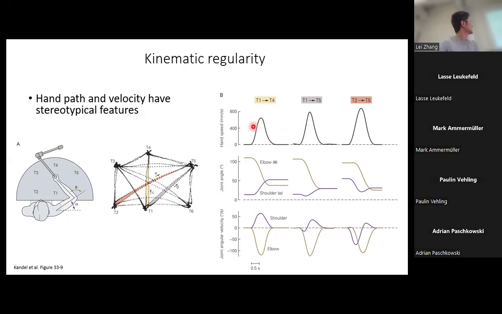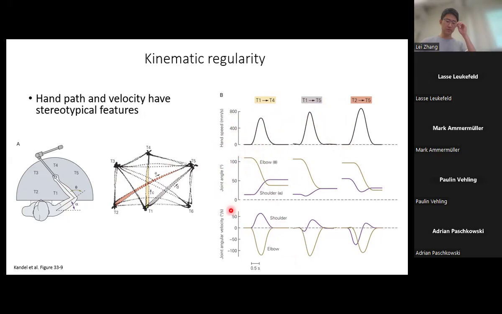What we see here is that when you move between different targets, the hand speed is kind of invariant, with this bell-shaped velocity profile. But if we look at joint angle, it can be complex. The joint angle depends on the target direction, but not the hand speed. So this shows that the regularity is really in the hand space, but not in the joints.